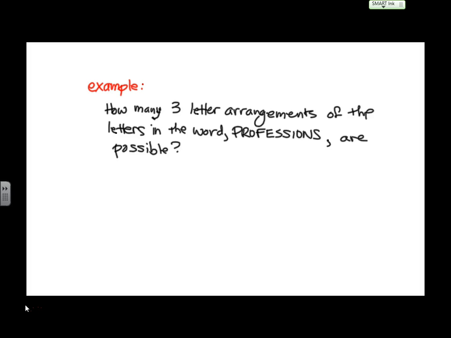Someone can back them up. We have a couple. Think about how many total letters, how many are we using, and are there any repeats? No other repeats, huh? What'd you guys end up getting?